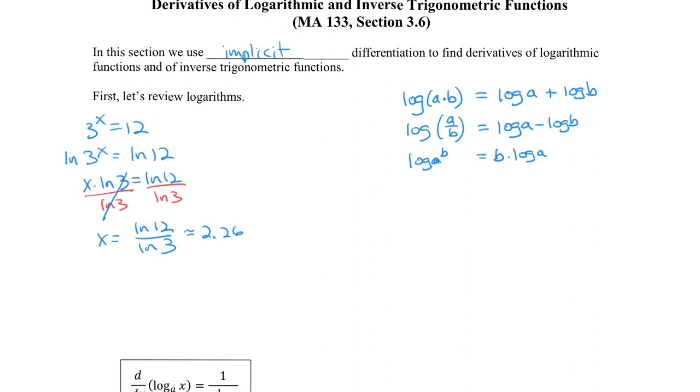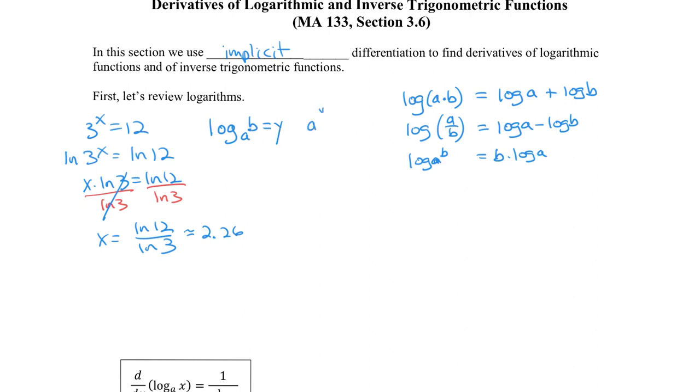Another thing we should remember is if you have a logarithmic equation, like log base a of b equals y, there's an equivalent equation using exponents. So with the exponents, the bases stay the same, base a, and it's going to be a raised to the y equals b.